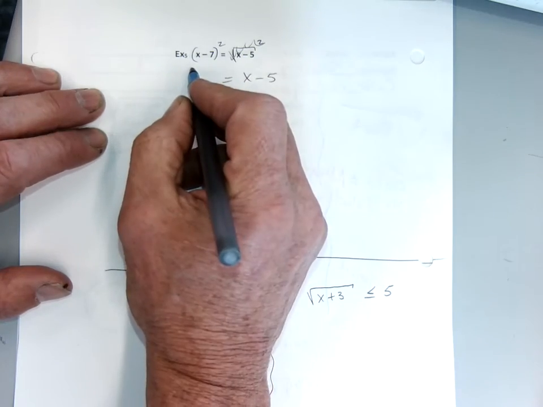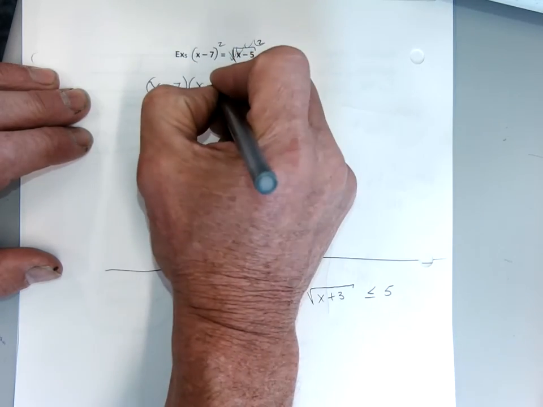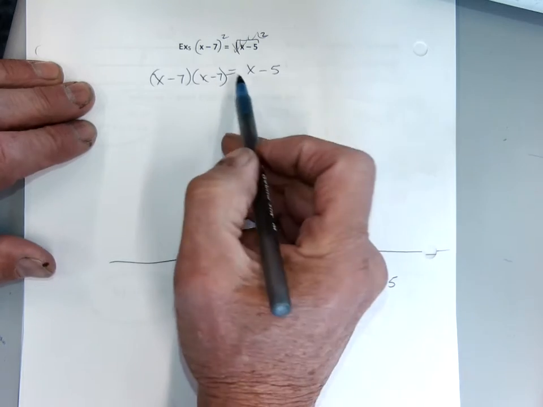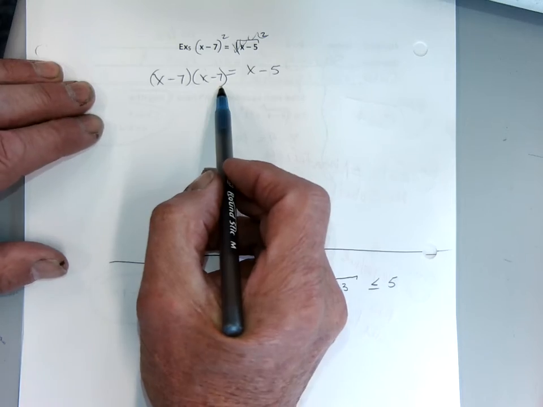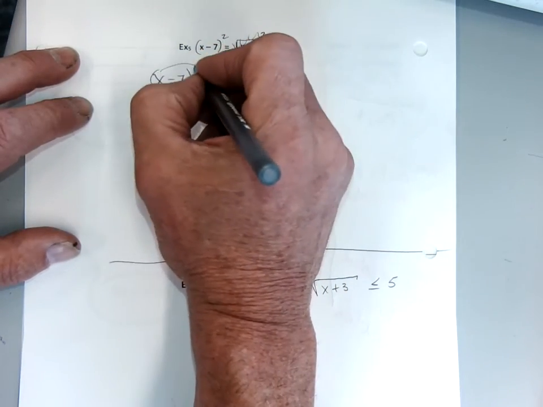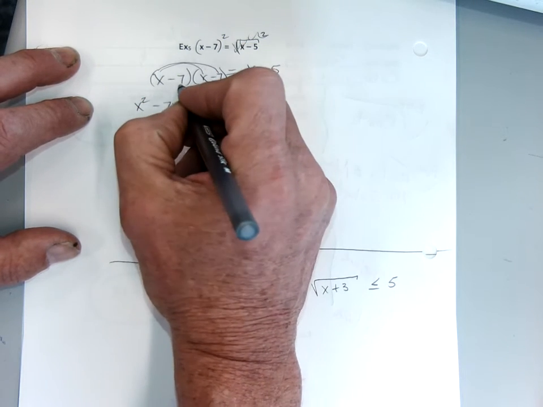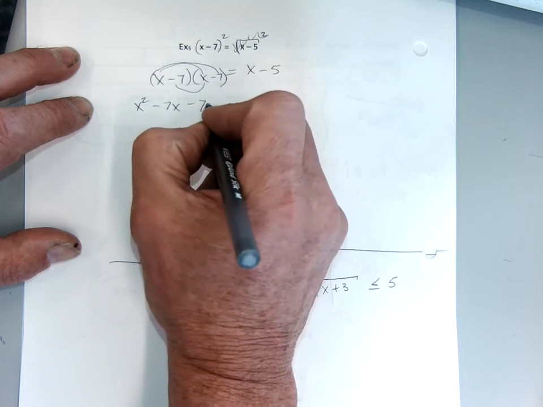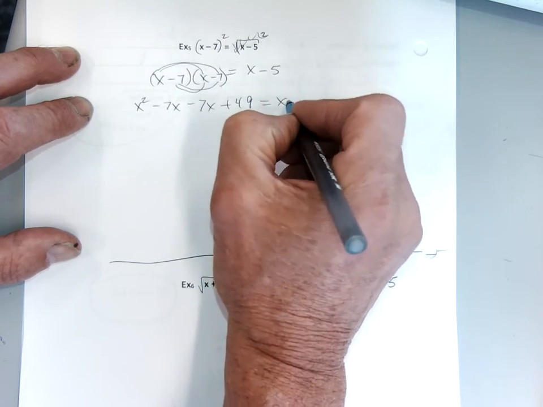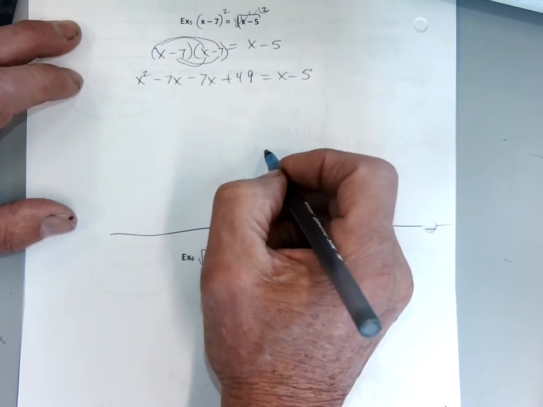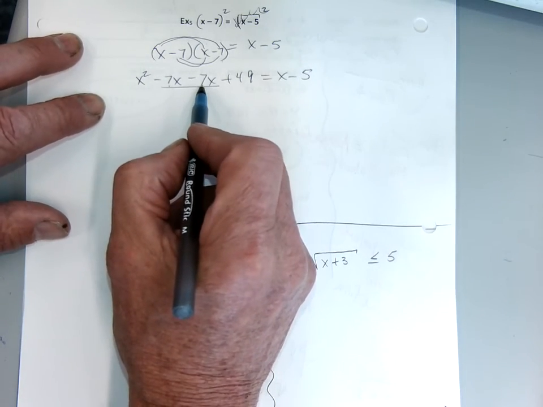But on this side, x minus 7 squared means x minus 7 times x minus 7. I need to simplify this: x times x, x times negative 7, negative 7 times x, and negative 7 times negative 7. Negative 7x and negative 7x makes a negative 14x.